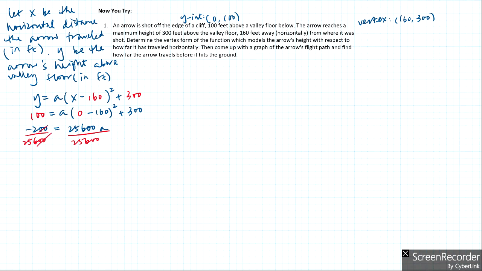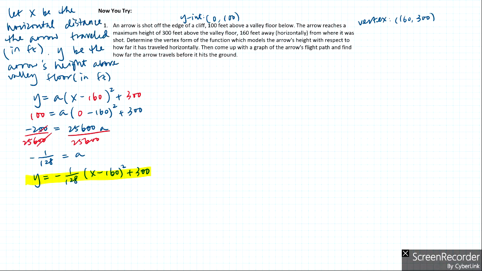And 2 and 256 have a factor of 2 in common, so we reduce it to negative 1 over 128 equal to a. Therefore, our equation is y equals negative 1 over 128 times (x minus 160) squared plus 300. And that's already our vertex form.